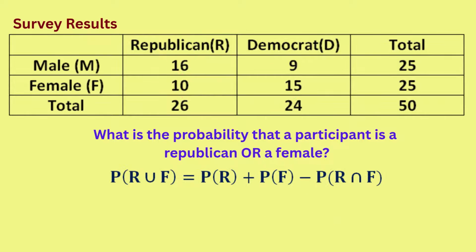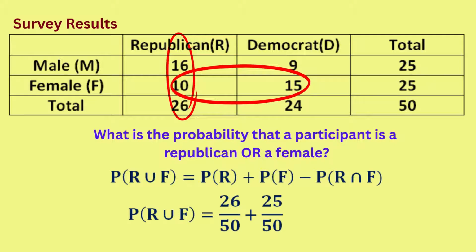There is a total of 26 Republicans out of the grand total of 50, while there is a total of 25 females out of the sample total of 50. 10 persons are females who are also Republicans, so the probability that a person is both a female and a Republican is 10 over 50.